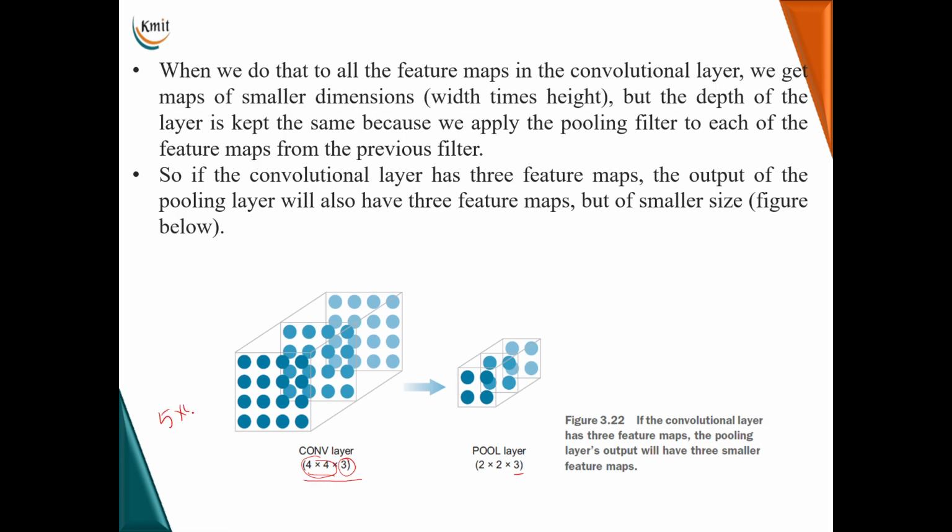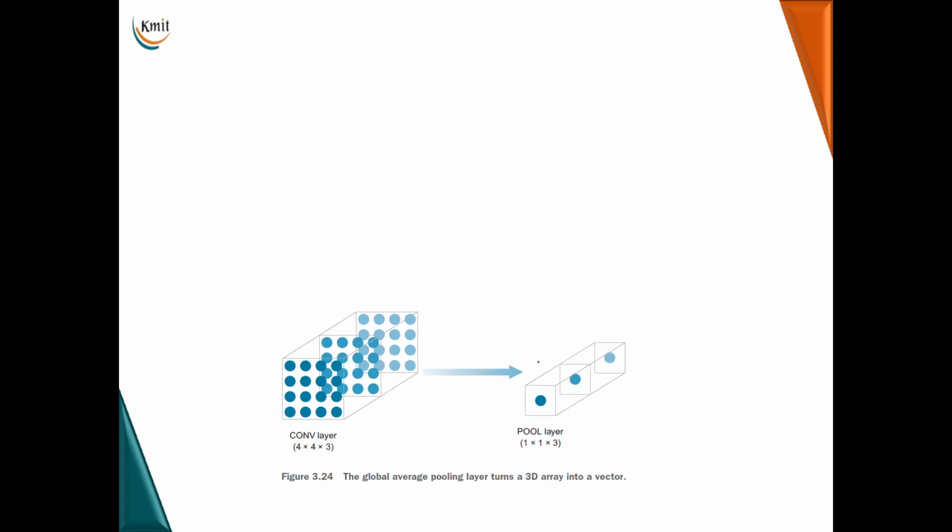For example, I used an image of 5 by 5, applied a kernel of some size, and stride value as 1. Substituting in the formula, my image got reduced to 4 by 4. And the number of layers I am using here is 3. So when I apply the pooling layer, I will have all the 3 layers, but there will be a reduction in the size of the image. The number of layers will remain as it is.